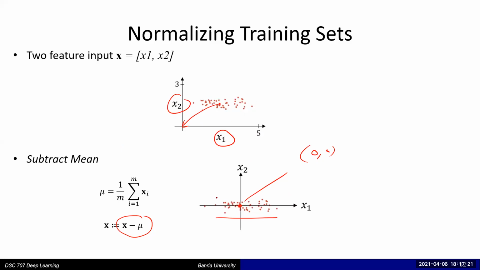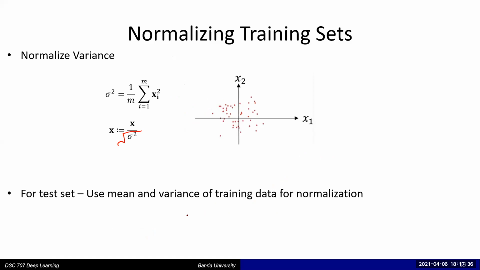For example, in this distribution, I have more spread in this dimension and lesser spread in the vertical dimension, so the variance is not uniform. I have more variance in one dimension and lesser variance in the other dimension. But when you normalize it, you see you have more or less the same variance in both horizontal and vertical direction.